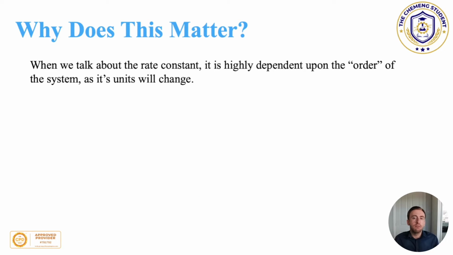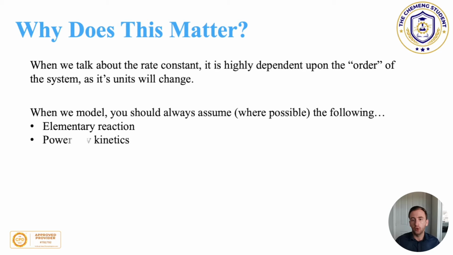Now, why does this matter in terms of reactor design? Well, when we talk about reactor design and we look at reaction engineering, the reaction rate, the K value, is highly dependent on the order of the system, because the units are going to change significantly. Now, how do you work out the order?